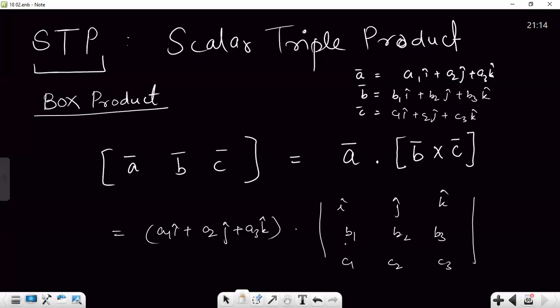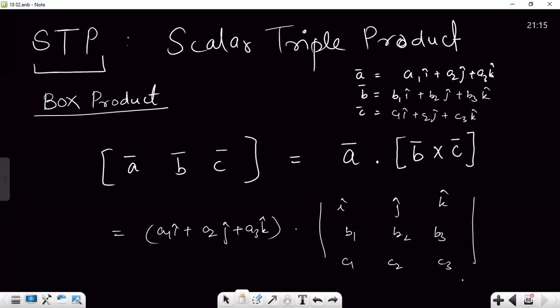If there is any scalar outside and it is getting multiplied, we can take it common from any row. We could have written it outside the determinant. So let's now bring the outside element inside, in the first row. We'll be multiplying this in the first row. So A1 i cap into i cap, this whole vector into i cap, it will become A1 only.